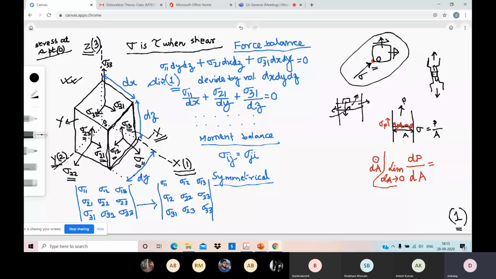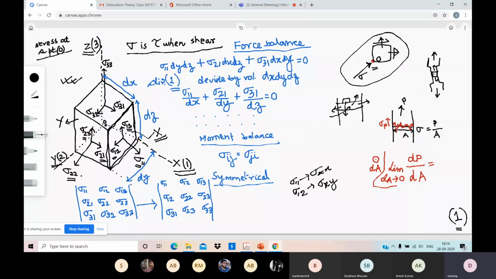You can also write sigma 1,1 as sigma xx, since 1 means x. Sigma 2,2 means sigma yy. Sigma 1,2 means sigma xy. This is how it can be represented. Basically the same thing.